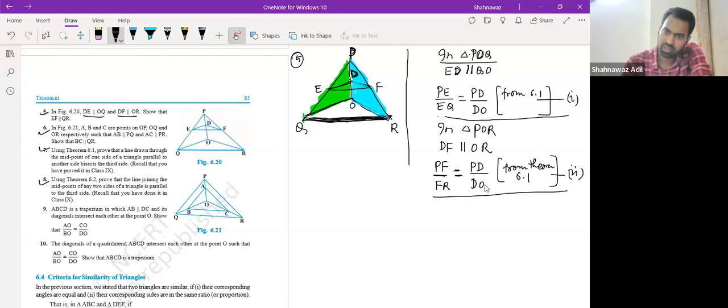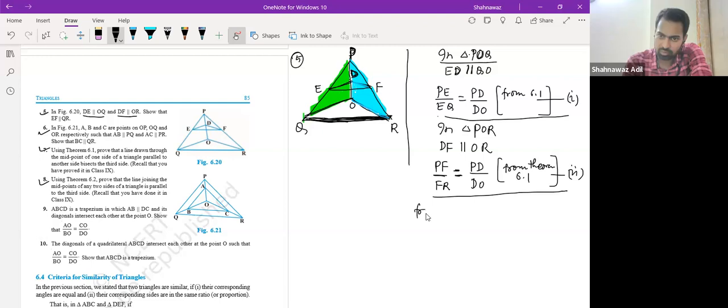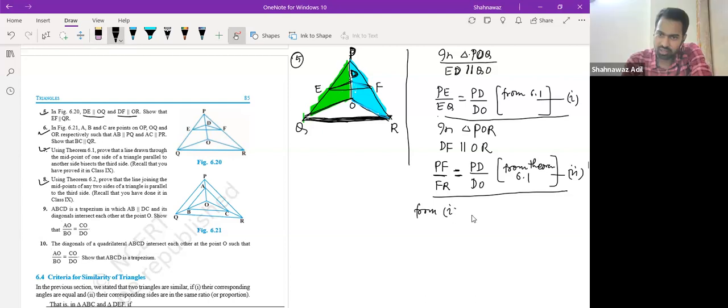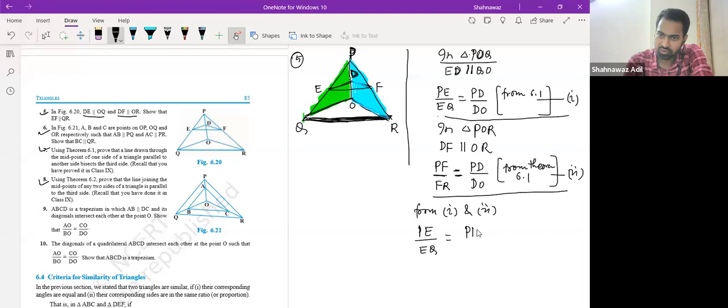PD by DO is reappearing, right? So the right hand sides are equal, which means the left hand sides are equal. From 1 and 2, we can say that PE by EQ is equal to PF by FR. So this we have proved, right?